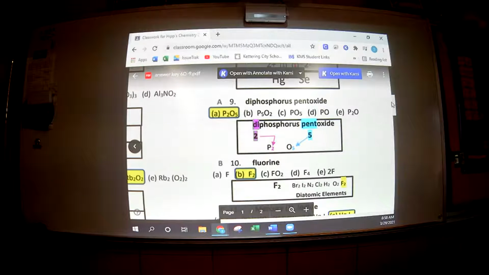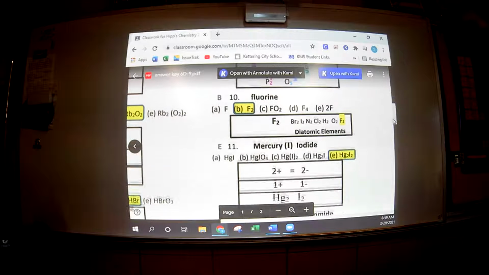Number 9. How about this answer key? Are you guys loving the answer key here? Did you look at it? Oh, number 10.